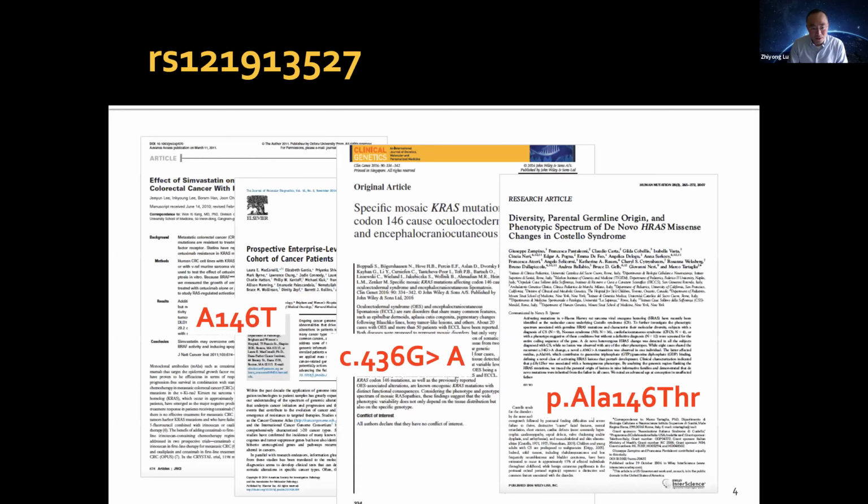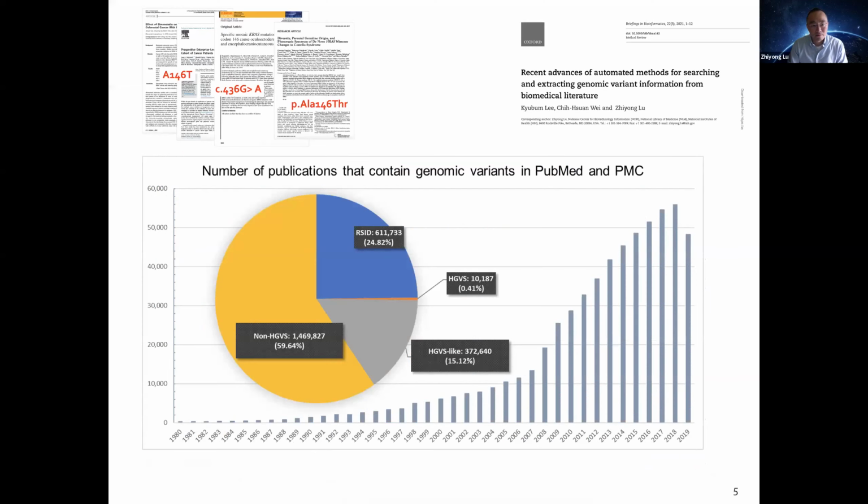So for us, the first question is, can we really recognize these different names of the same variation in the full text articles? This is not just an example I made up, but a very common phenomenon in the biomedical literature.